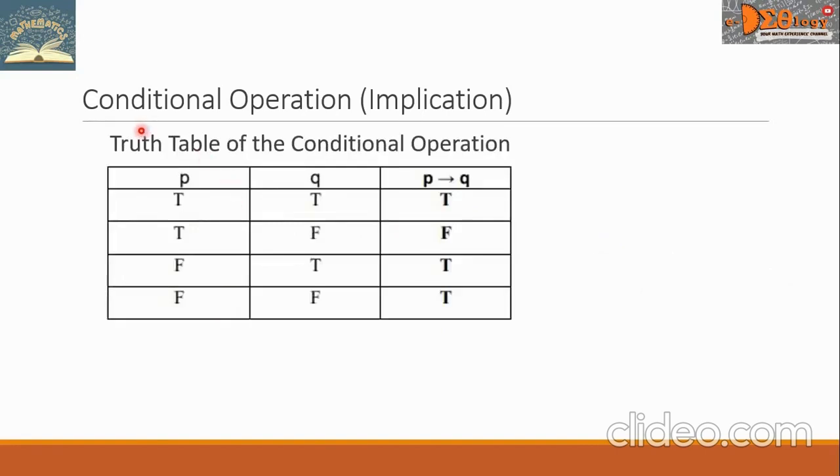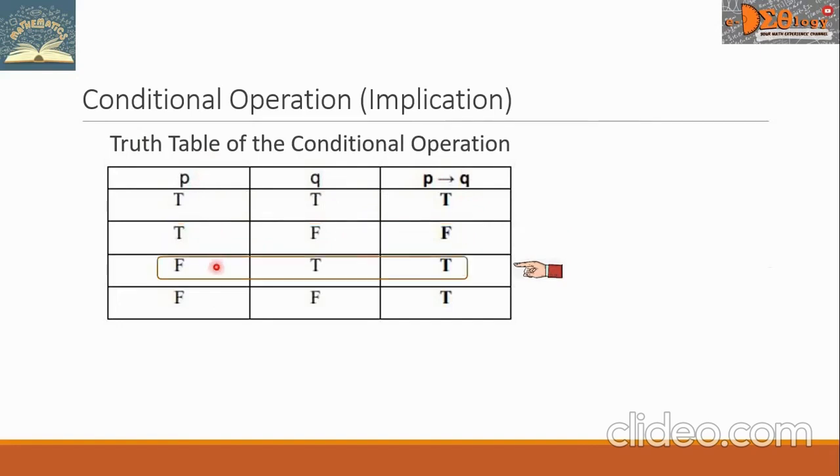This is now the truth table of the conditional operation. Let us check the first line. When P is true and Q is true, P implies Q is true. When P is true and Q is false, P implies Q is false.